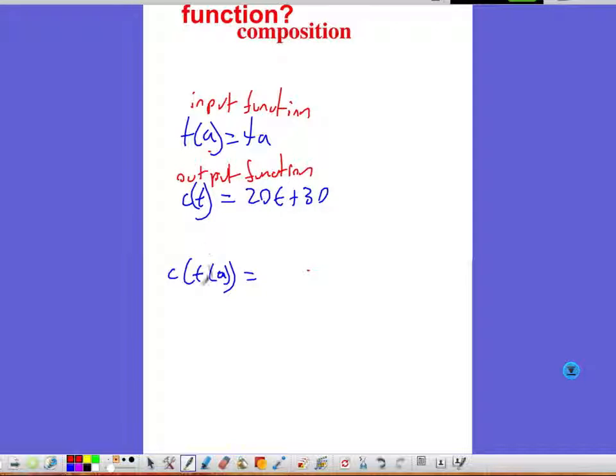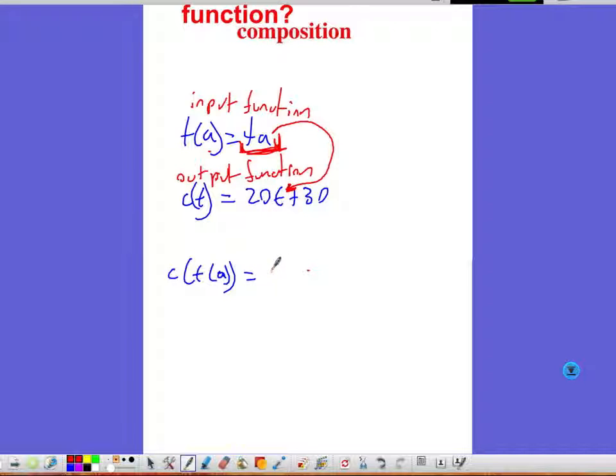And so because T of A is in the parentheses, I'm going to take the expression for T of A, which is 4A, and I'm going to plug it in to the variable of my output function.